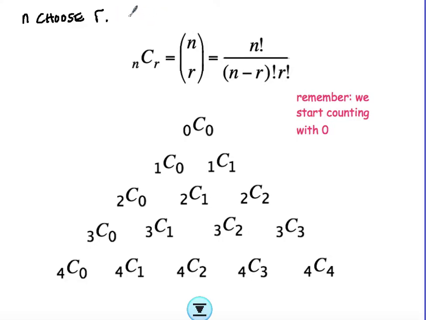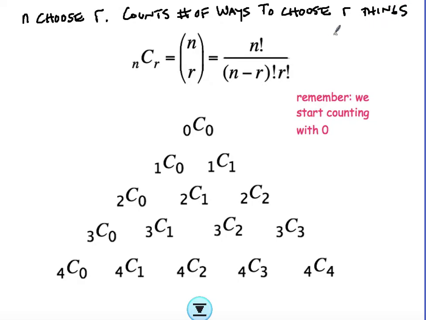So what it does is it counts the number of ways to choose r things out of n things.